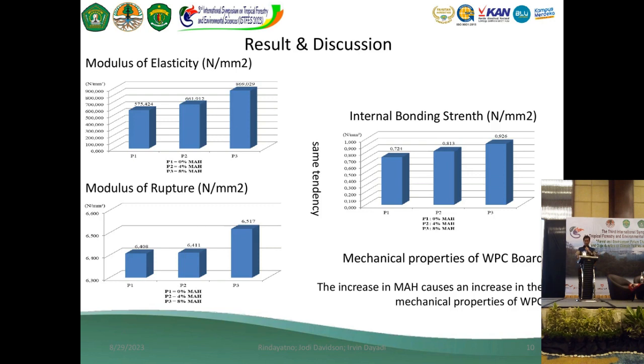There's a possibility that as a result, the value of the WPC mechanical strength will decline. With the presence of MA in the WPC board, the problem can be turned back, improving the WPC board strength. The mechanical strength develops as MA composition increases.